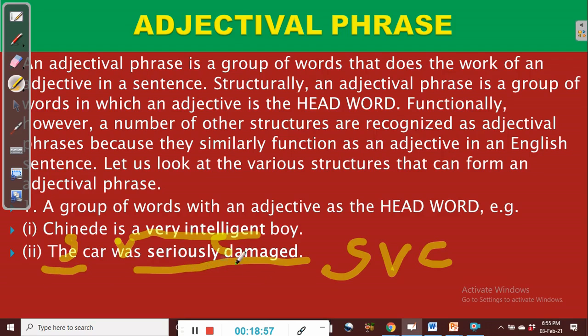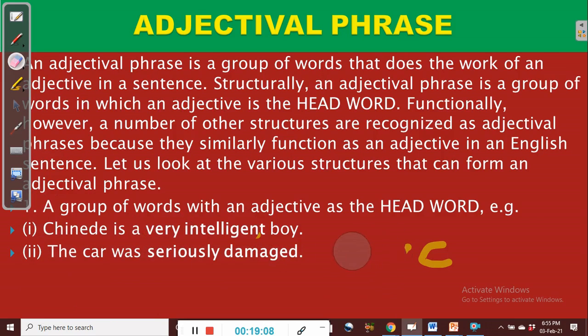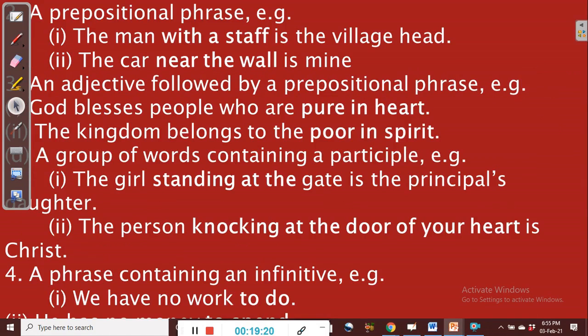So "seriously damaged" is describing the car, and the work of the adjective and the adjective phrase is always to describe, to tell us more about someone or something. All right, so let's go ahead to see other types of adjective phrases and how they function in English sentences.